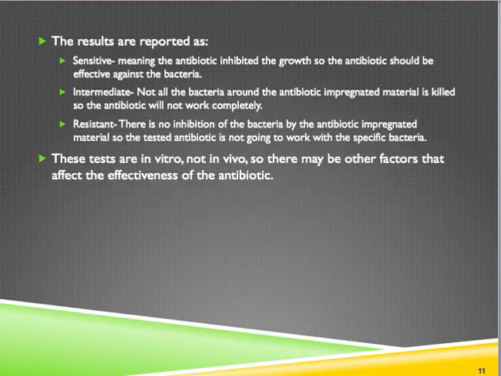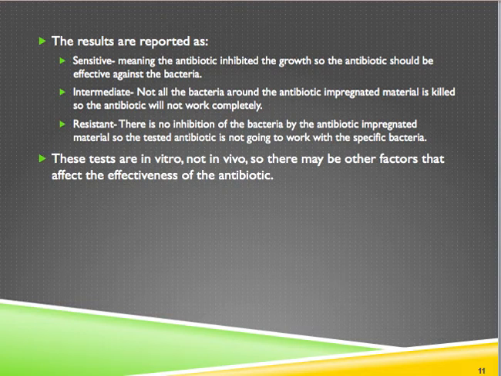And so when you get your report back, you'll have the type of bacteria or the types of bacteria reported, and then you'll have a sensitivity report. And it'll usually report sensitive, meaning the antibiotic inhibited the growth of the microbe and would be effective against the bacteria.